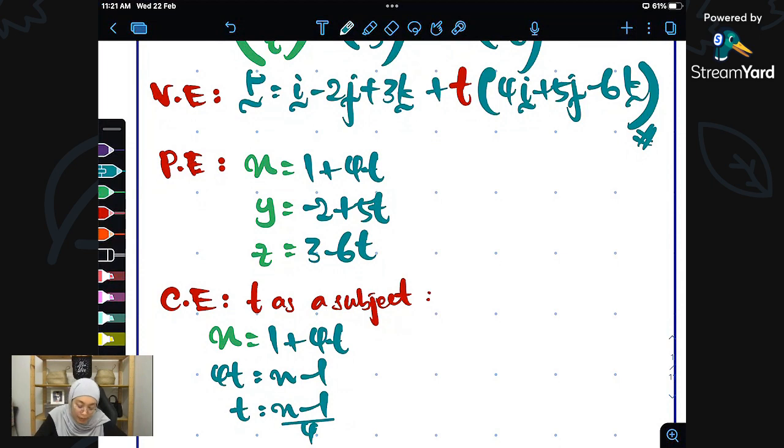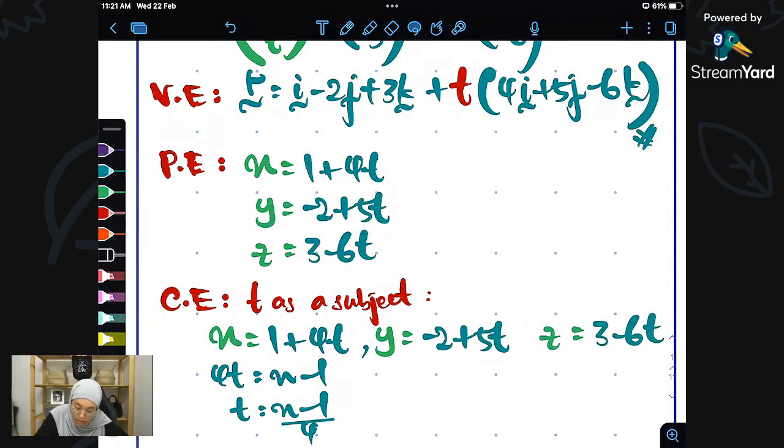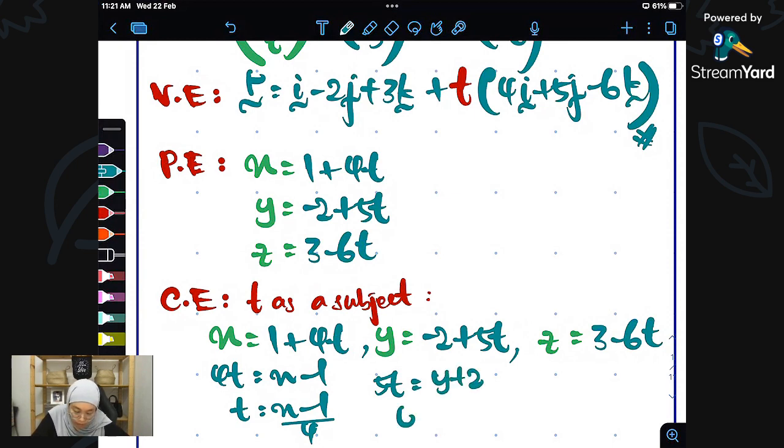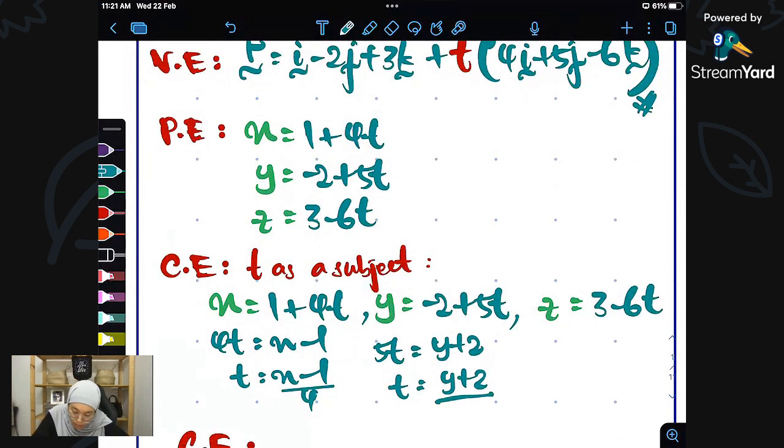Okay, and then how about the rest? The rest is again copy paste. Okay, so we jadikan 5T as a subject, you will get Y plus 2, therefore T is equals to Y plus 2 over 5.